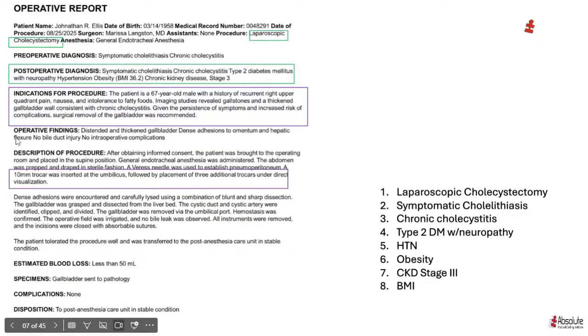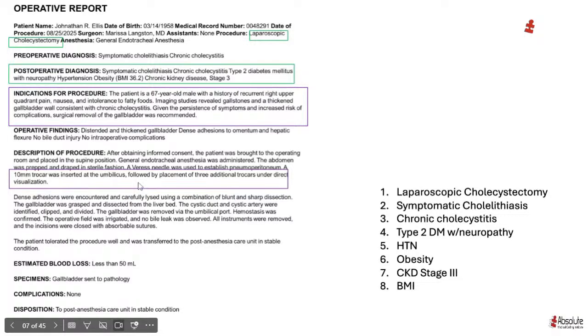I'm skipping over the operative findings for now, and I'm going down into this description of procedure. I'm putting a notable box around this 10 millimeter trocar inserted at the umbilicus, and also these 3 additional trocars under direct visualization.